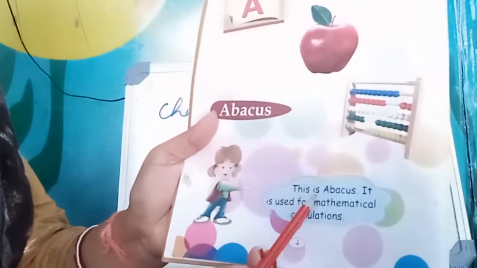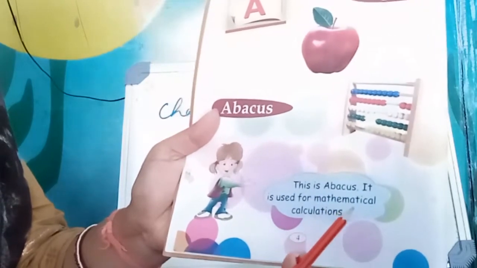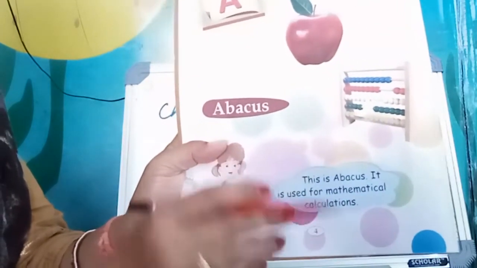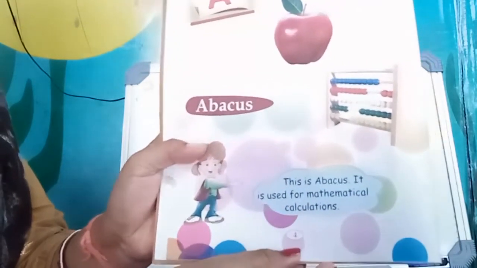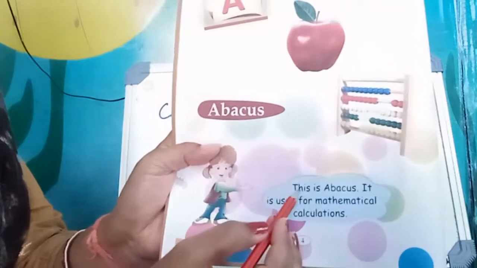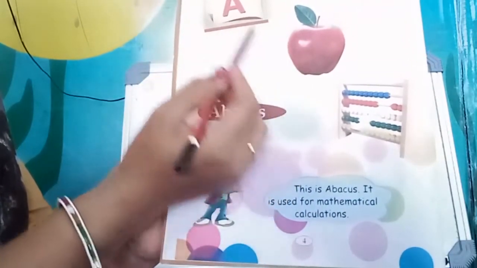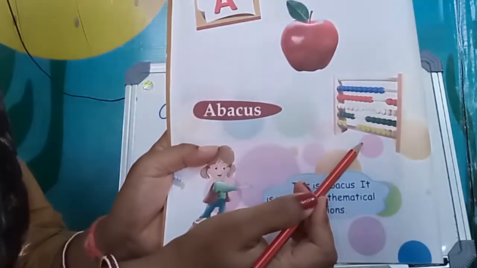This is abacus. It is used for mathematical calculation. This abacus we use to calculate, to add, subtract, and multiplication, many. So, this is abacus. Alright, so A for apple, and in computer alphabet A for abacus.